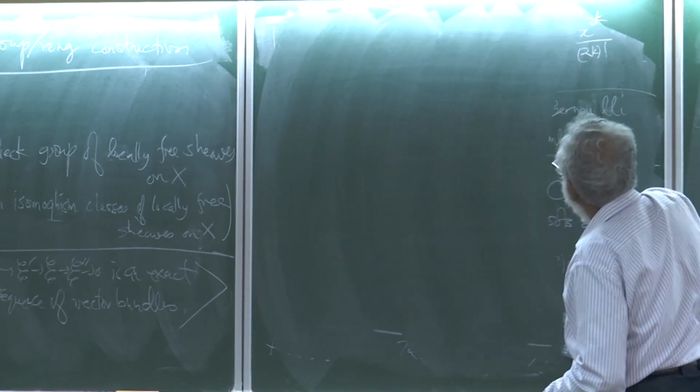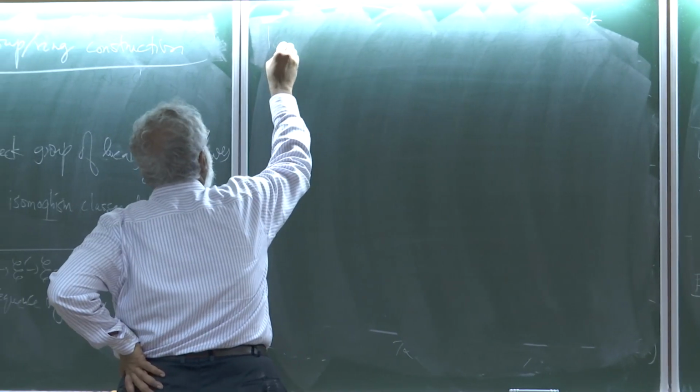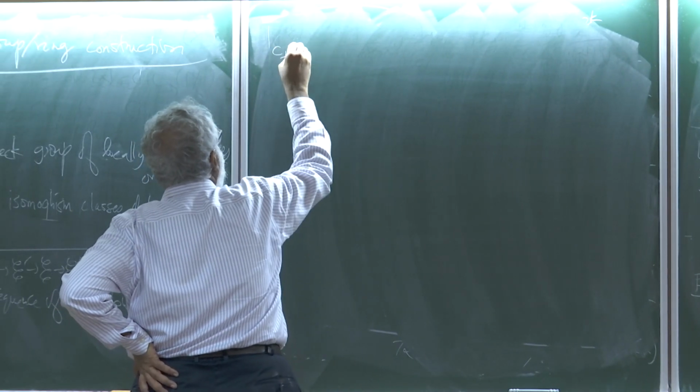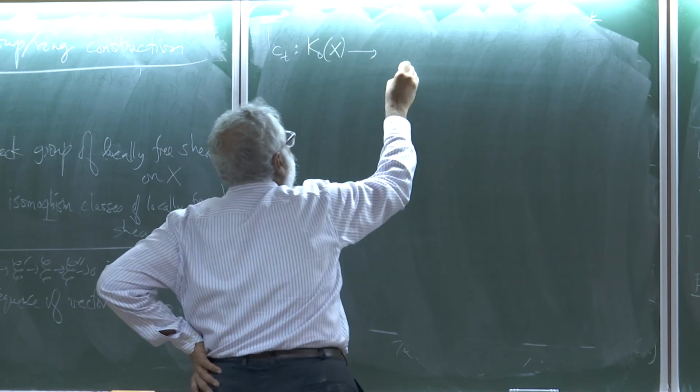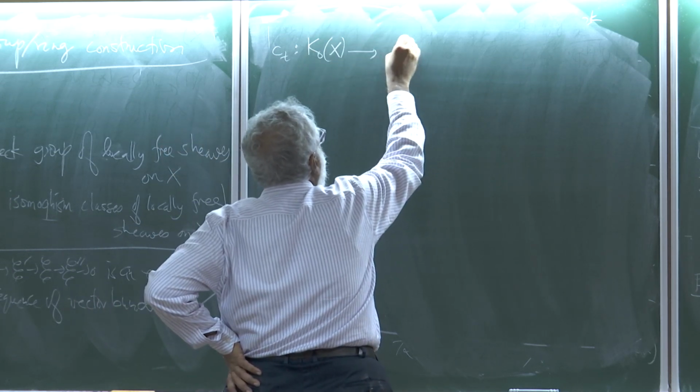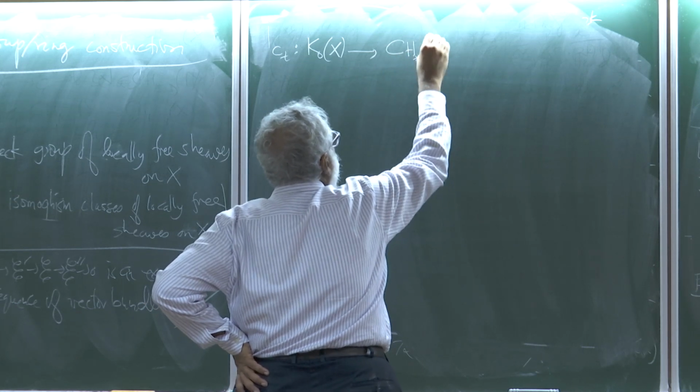So what are such invariants which we know? For example, I can talk about the total Chern class. This is now a map from K0 of X to the Chow groups of X.